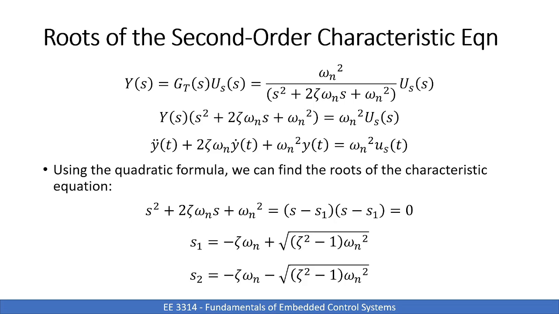You can see that depending on the values of omega sub n and zeta, this radical could have complex values or real values, depending on the magnitude of zeta. Whether the magnitude is greater than 1 or less than 1 is going to determine whether it has complex values or not.